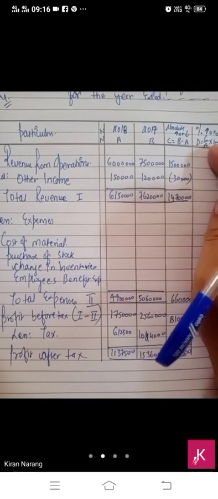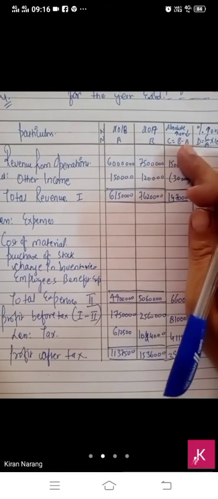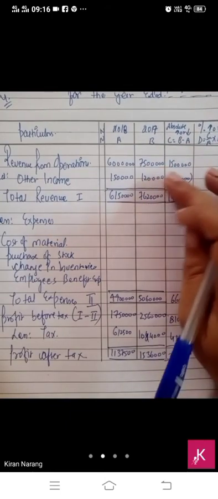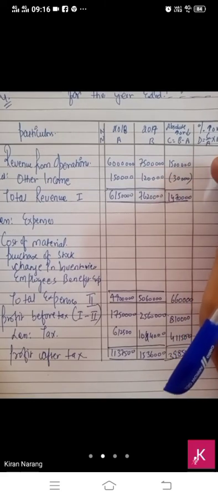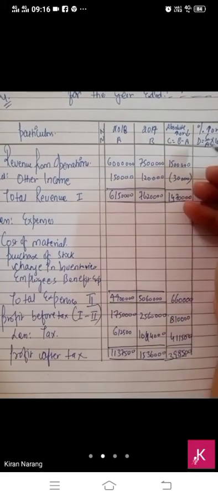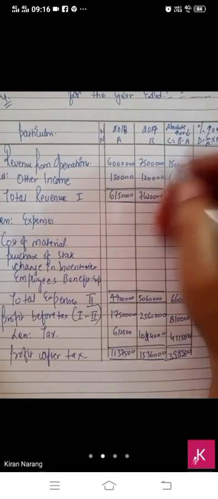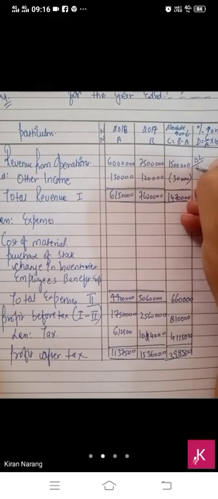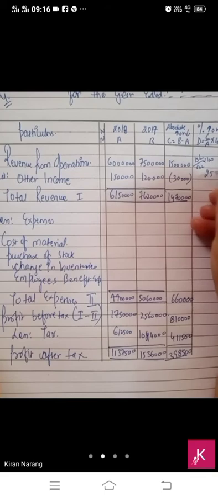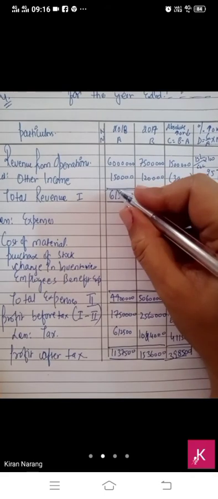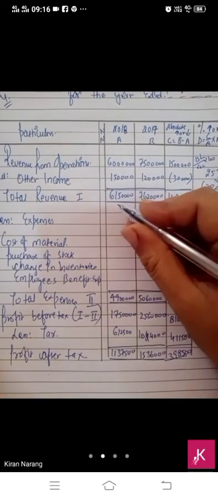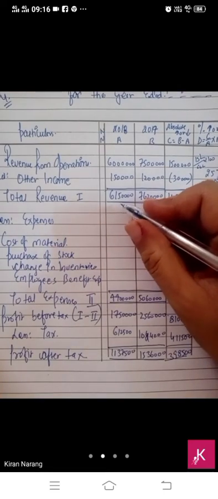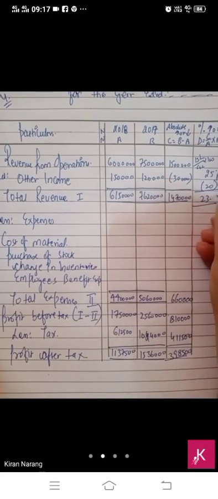Now we have to calculate percentage increase or decrease. This was the absolute change, whether it is increased or decreased. And now we will calculate the percentage increase decrease, and the formula will be C upon A into 100. 15 lakh divided by 60 lakh into 100, it will be 25%. So 30,000 divided by 150, it will be minus 20%. 14 lakh 70,000 divided by 61 lakh 50,000 into 100, 23.90%.